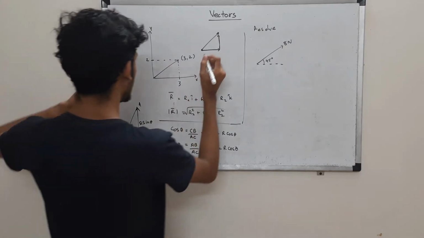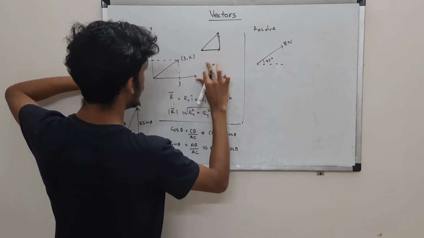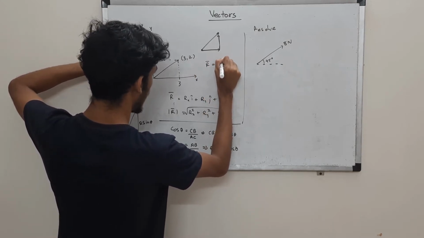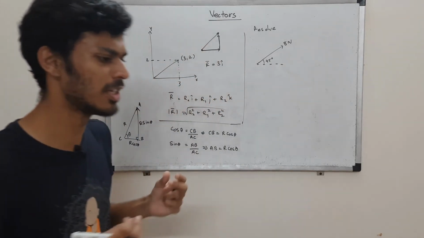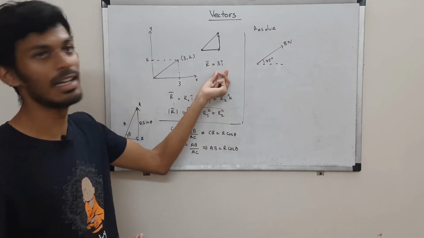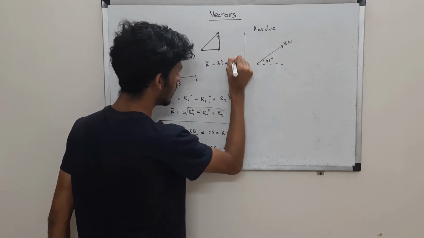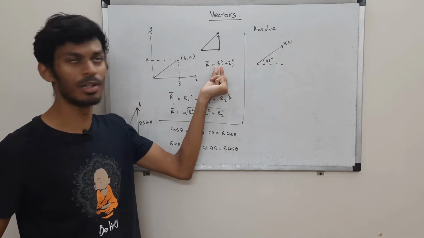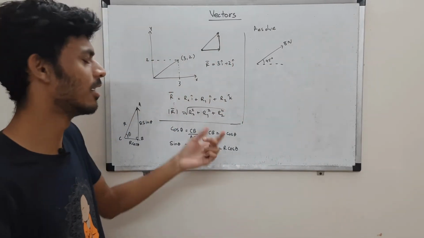We can represent this entire point R, so if you want to represent this vector, you can write 3 i cap. You know that i cap is the unit vector along the x-axis, so instead of saying move 3 units along the x-axis, we can directly write 3 i cap, plus 2 j cap. i cap will not affect the magnitude, because i cap has unit magnitude, so 3 times 1 is 3.